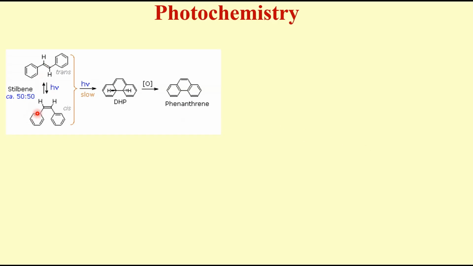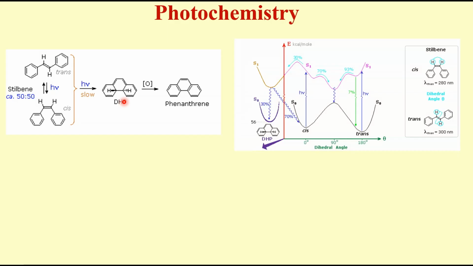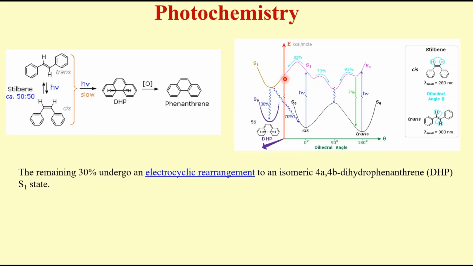The cis-trans isomerization occurs when it absorbs the light. This goes to the higher energy level, and 70% gets converted into the lower S1 state, which we have shown over here, and the remaining 30% undergoes electrocyclic rearrangement to 4a,4b-dihydrophenanthrene, which is represented as DHP.